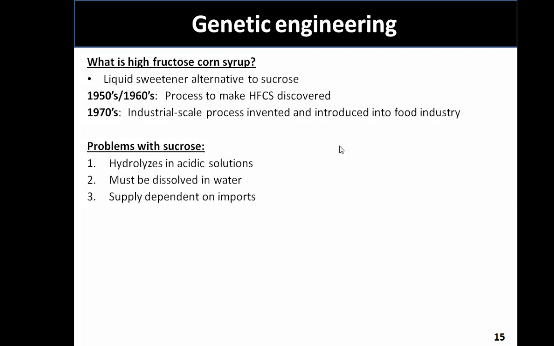The origin of the stimulus to produce an alternative to sucrose is that both Canada and the United States were dependent on importing sucrose from countries that could grow cane sugar and sugar beets to a very large extent and meet the demand for sucrose in North America.